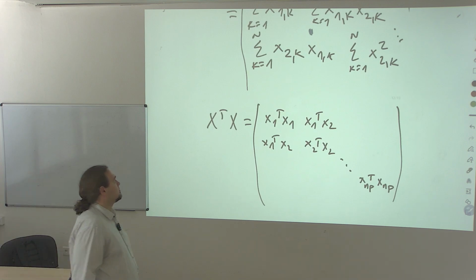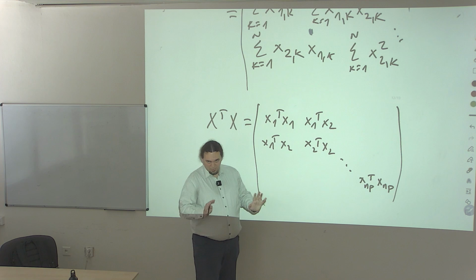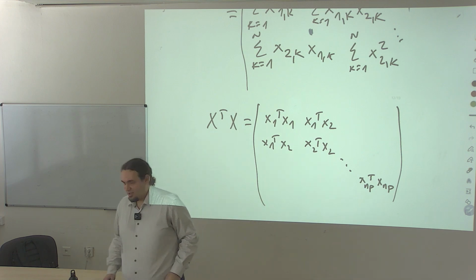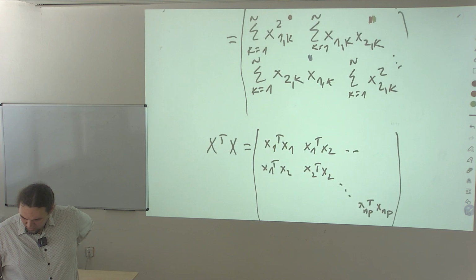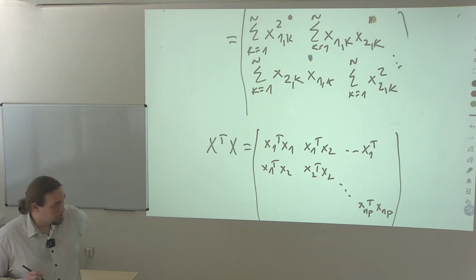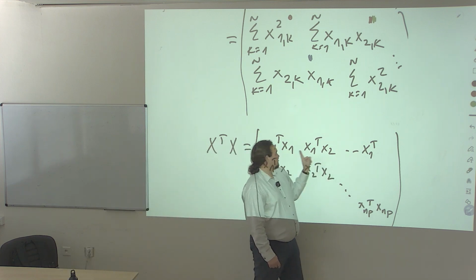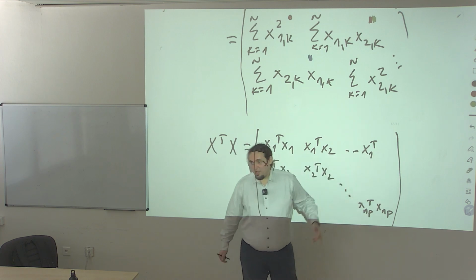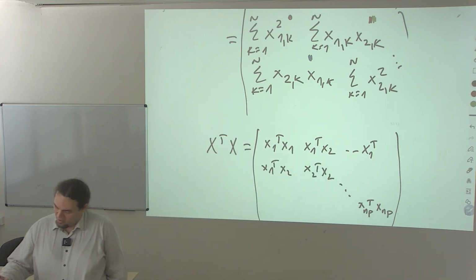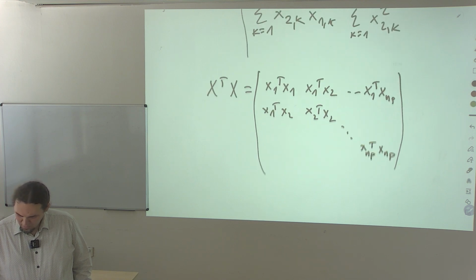No need to take care about the specific order. Scalar multiplication can do this. Until what? This is the row which belongs to x1: x1 times x1, by itself, by x2, and by the last variable.